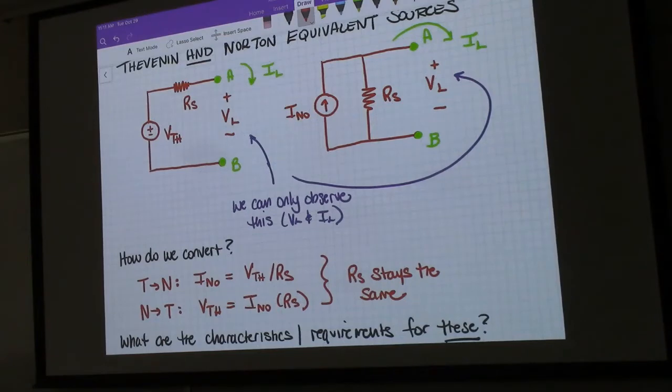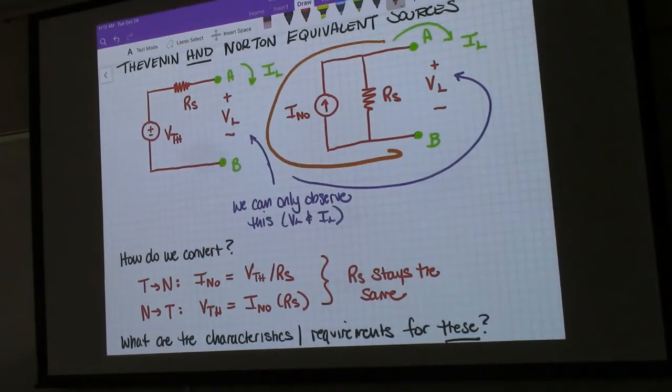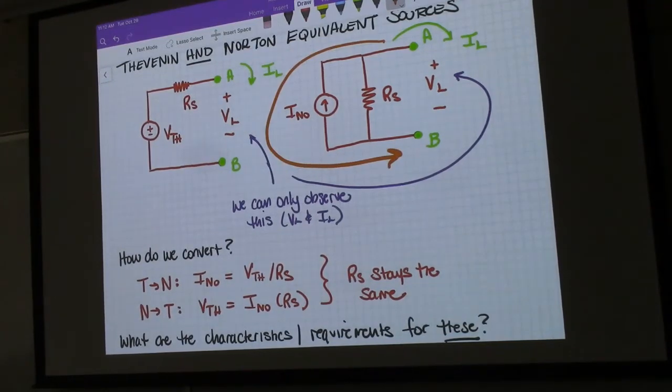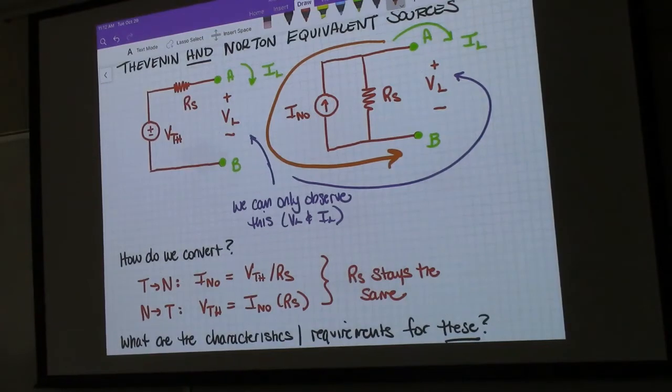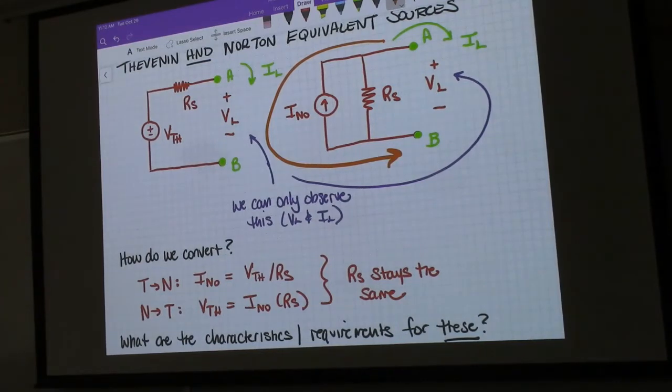And so there can't be any extra grounds, and current sink is just another word for ground, within that equivalent circuit, because that's another way for current to exit that subcircuit. So in other words, we need there to be one path for the equivalent, A to B. If there's another ground in there, that means there's a second path. That doesn't mean there can't be a ground in the circuit that you are finding the equivalent for, but the ground has to be one of the 2 terminals.